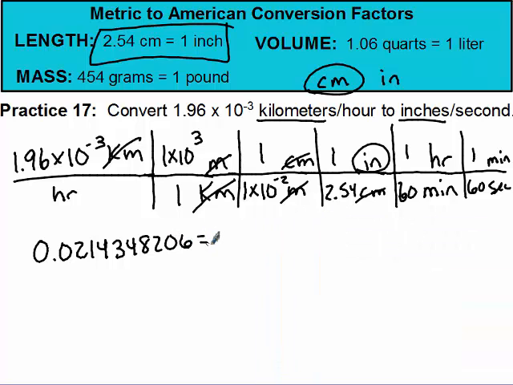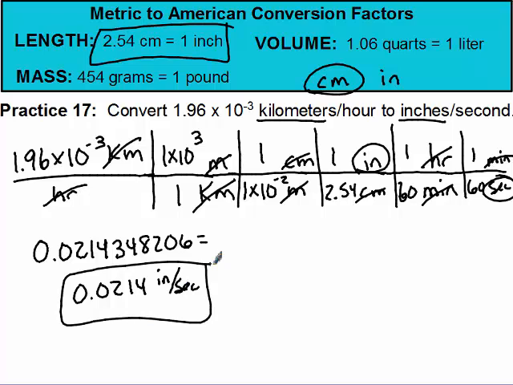We want 3 significant figures, because remember, those leading zeros do not count. And finally, we need units, which is inches per second.